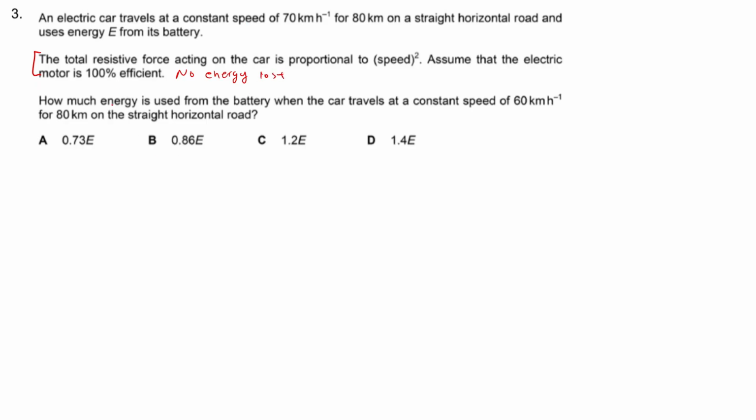And then the total resistive force acting on the car is proportional to speed squared. So that means that F over V squared is equal to some value K, where K is a constant.